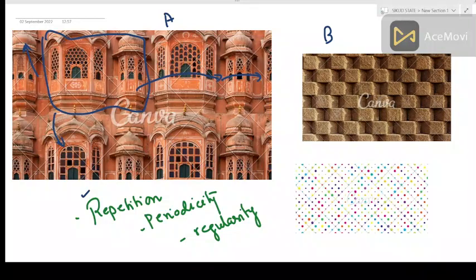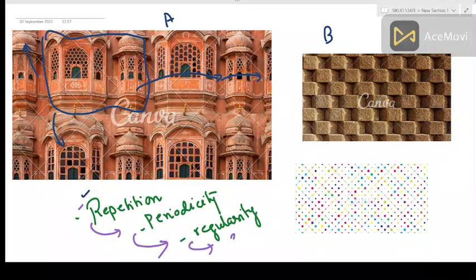So what we are starting our journey towards understanding the solid state structure with is the concept of repetition. This repetition takes the form of periodicity. This repetition takes the form of regularity.